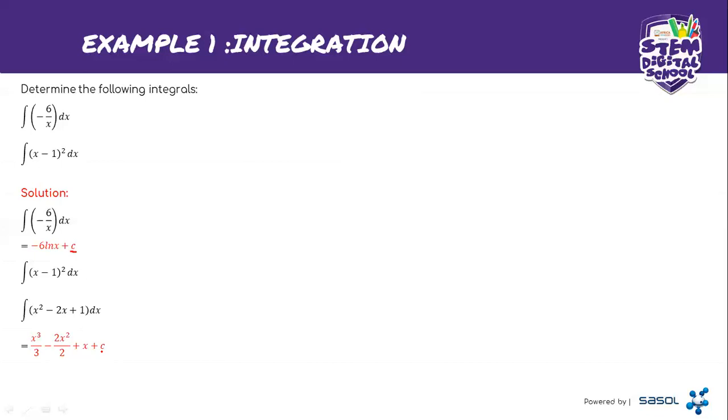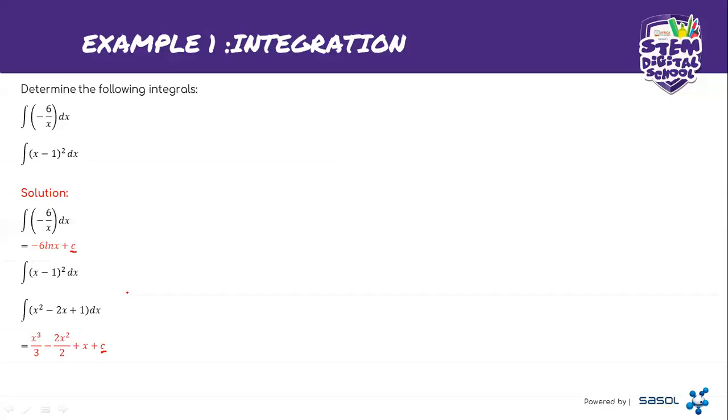Then don't forget again to write this c at the end, all right? So this is the answer for that. So it's quite simple just to apply the integrations. You just have to practice more and more under this, so that when it comes to your exam, you just collect all those marks.